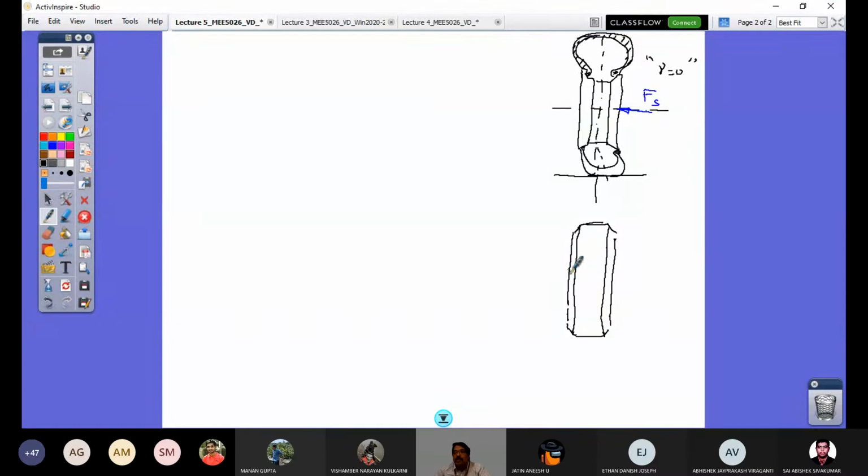If this is not subjected to Fz, my contact patch would have been a rectangular contact patch, which is hidden, and this is my axis of the tire. So it will be like this, but this contact patch now is going to be shifted, so that's going to be like this. So this portion of the tire would come like this. My entire contact patch is being shifted this way on the ground.